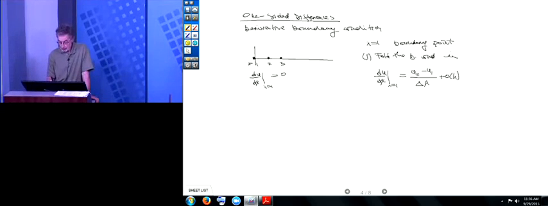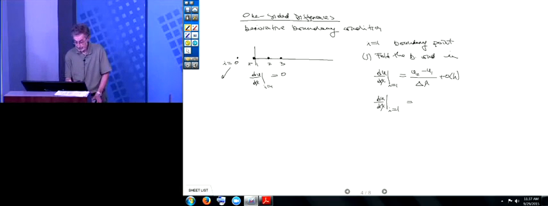Or you can use du/dx at i equal to 1 equal to something like, maybe we'll have a ghost point here, okay? Call this i equal to 0. This is a ghost point. Okay?